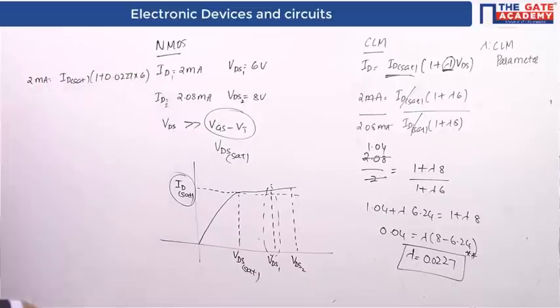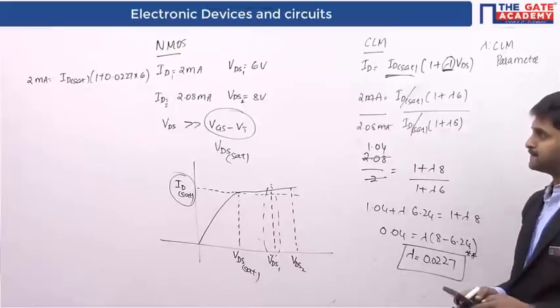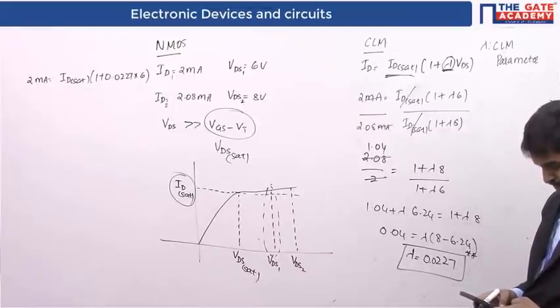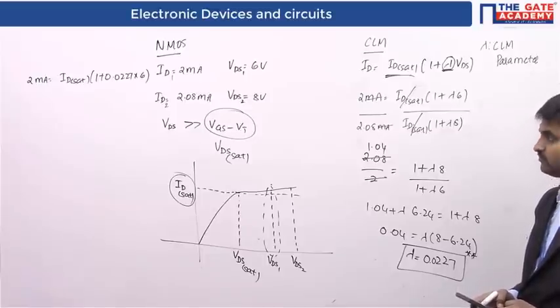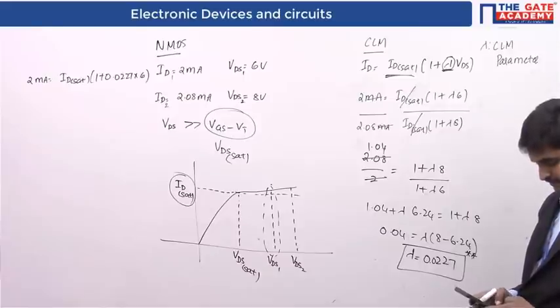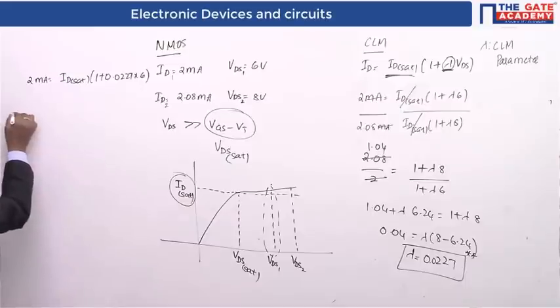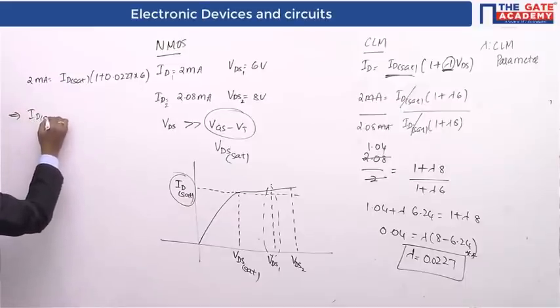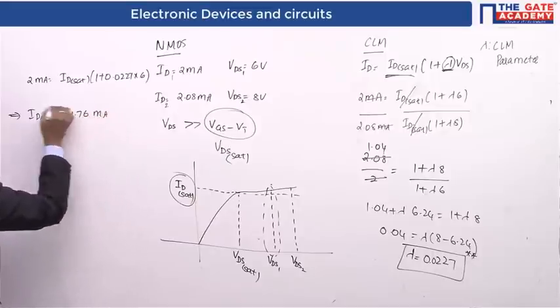You can take it to the other side, which implies the value of ID sat, the saturation current, is going to be 1.76 milliamperes.